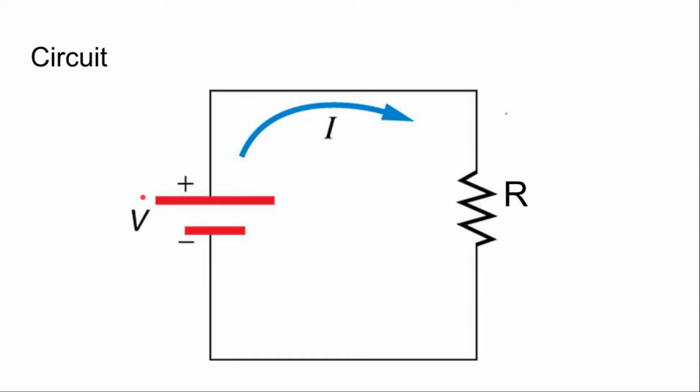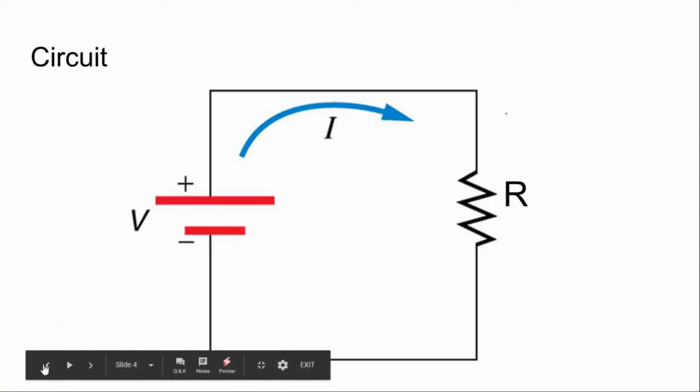We usually denote the current direction from the long side or the positive side, although in real life it actually comes from this direction, but you would get similar results doing the same calculation.